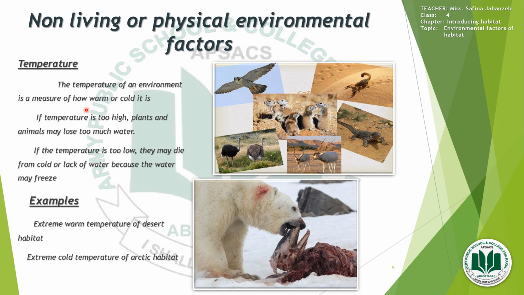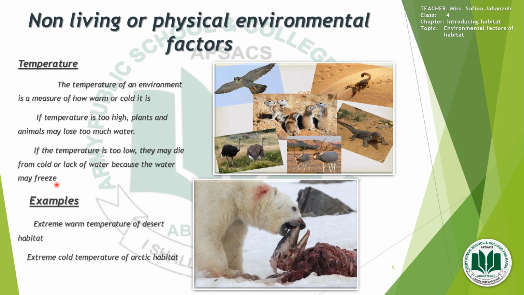The temperature of an environment is a measure of how warm or cold it is. If the temperature is too high, plants and animals may lose too much water. If the temperature is too low, they may die from cold or lack of water because the water may freeze.